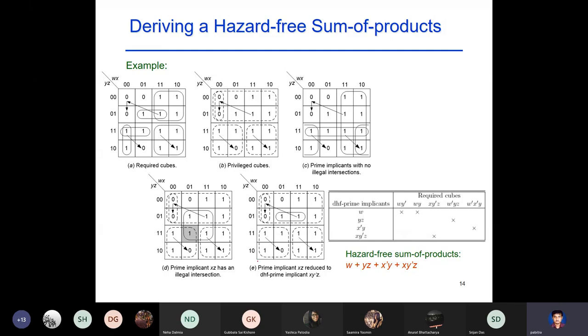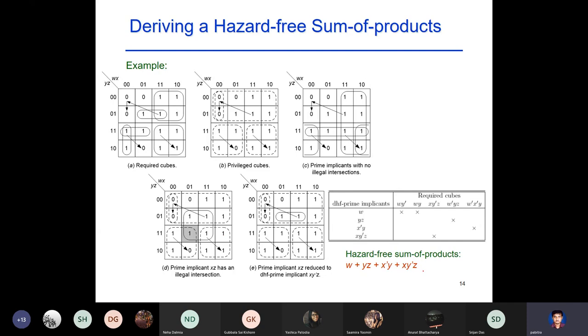This is an example where you have an illegal intersection. So we take the prime implicants with no illegal intersection, and from that we find the dynamic hazard-free prime implicants. You just overlay this on this and you can find them.